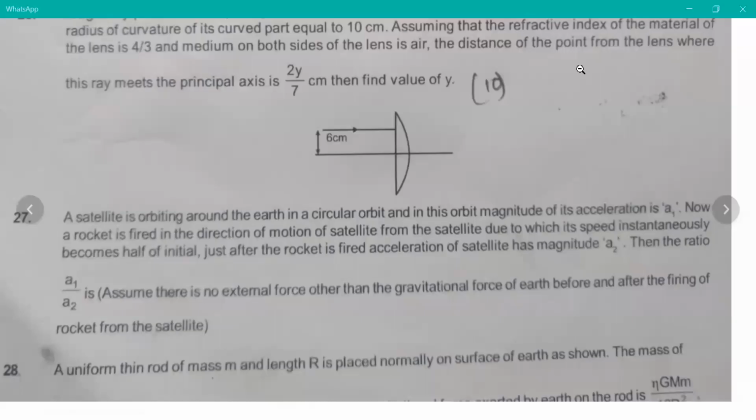Okay, so let's go through this 27th question and discuss this.